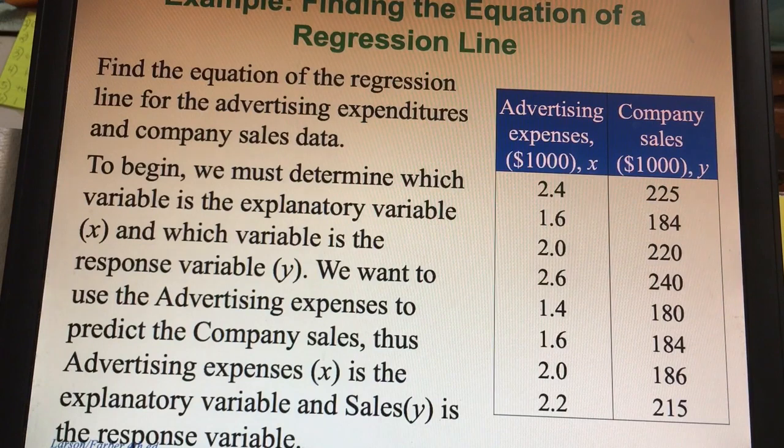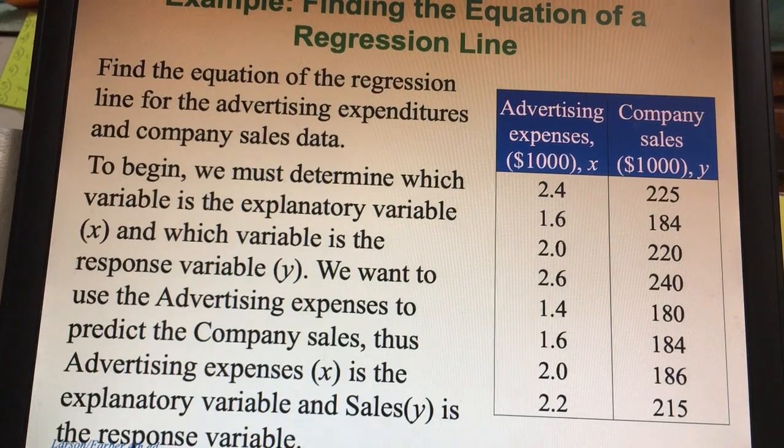To begin, we must determine which variable is the explanatory variable and which variable is the response variable. Way back in chapter 1, we talked about explanatory and response, and we want to use the advertising expenses to predict the company sales. Thus, advertising expenses, x, is the explanatory variable, and sales, y, is the response variable.